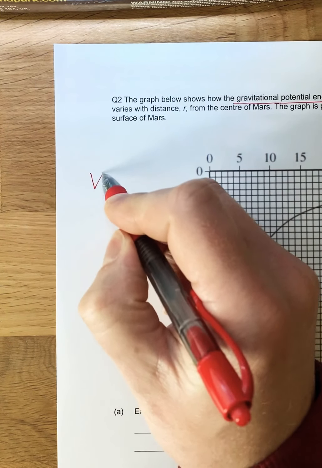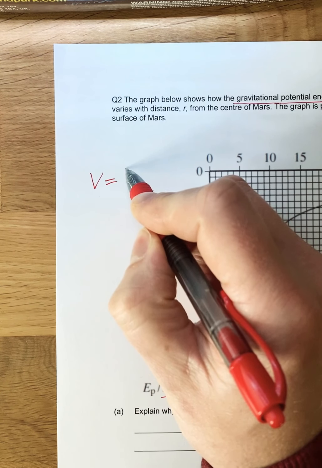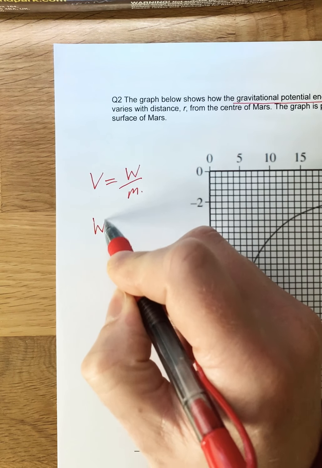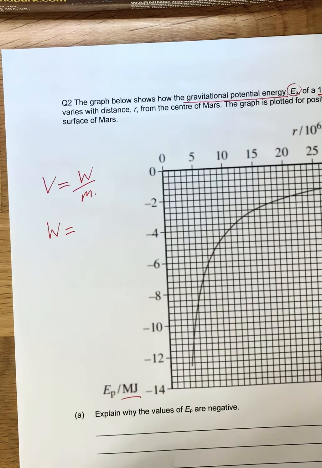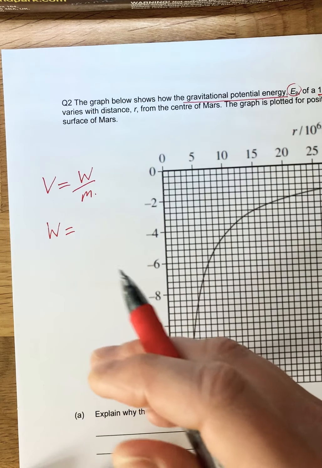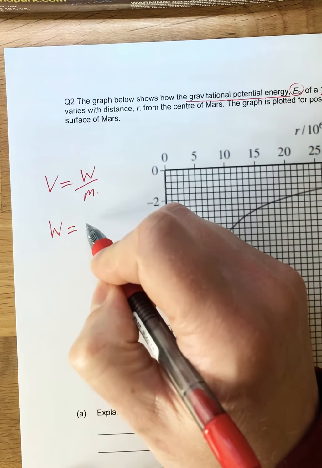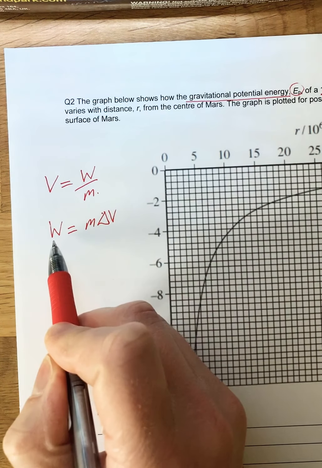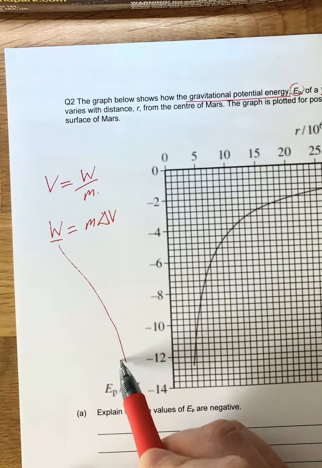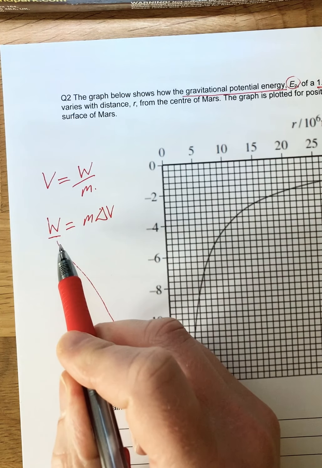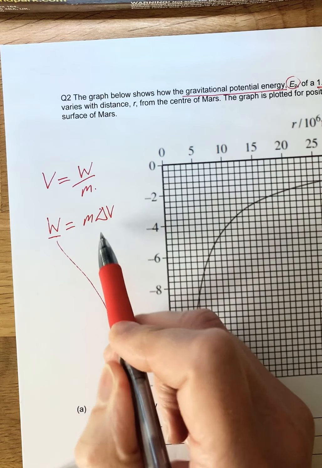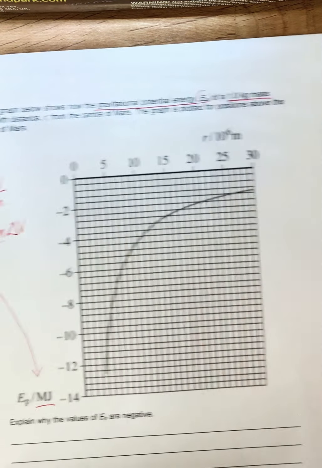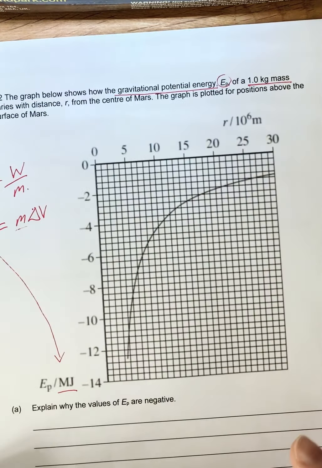Remember that the potential is the work done per mass, and if you want to know how much work the field would do, or how much loss in gravitational potential energy, it would be the mass times the change in that potential. So this graph is for the gravitational potential energy, but that's because it's for a 1 kilogram mass. So we do have the mass in this.